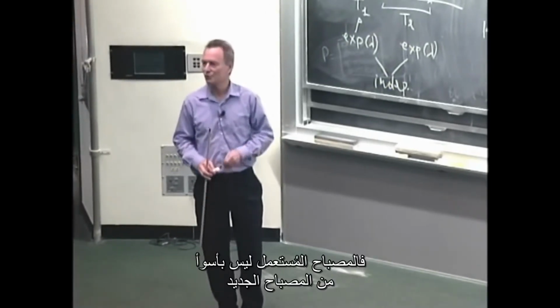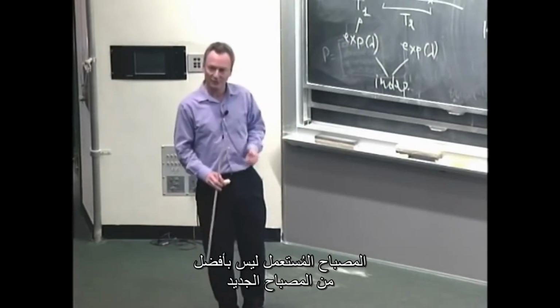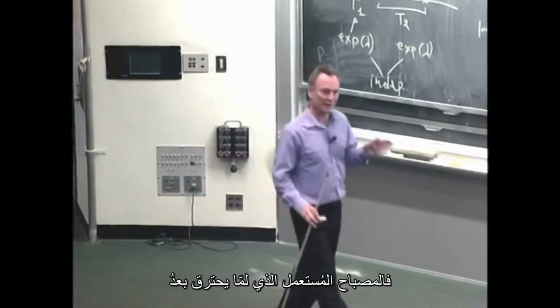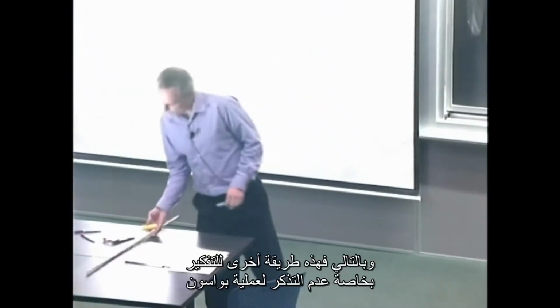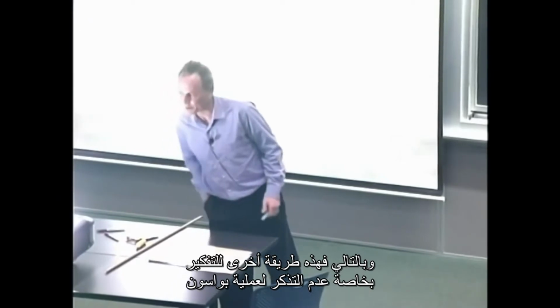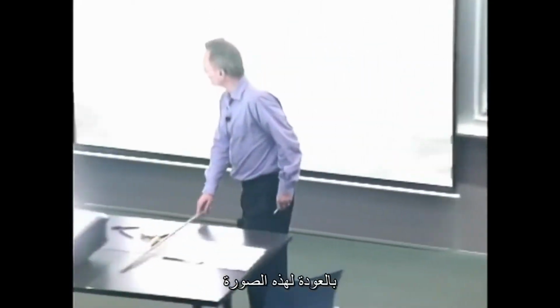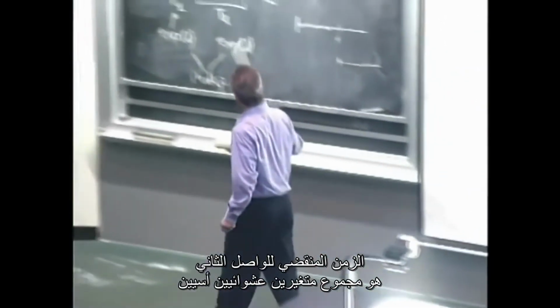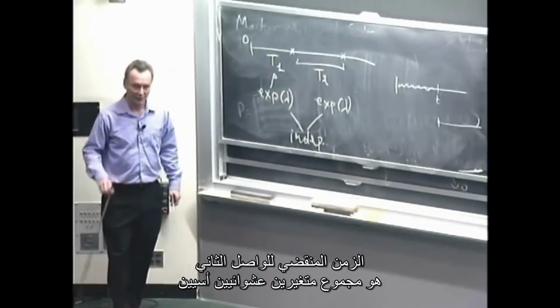So a used one is no worse than a new one, a used one is no better than a new one. So a used light bulb that hasn't yet burned out is exactly as good as a new light bulb. So that's another way of thinking about the memorylessness that we have in the Poisson process. Back to this picture. The time until the second arrival is the sum of two independent exponential random variables.